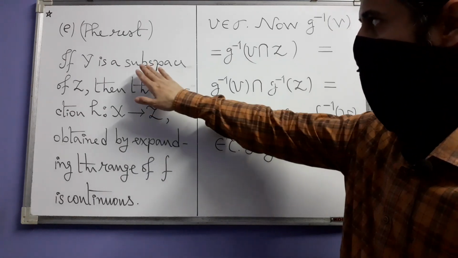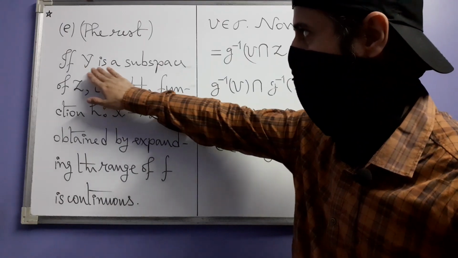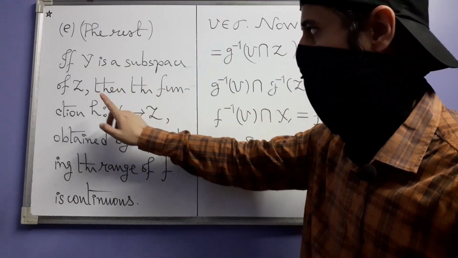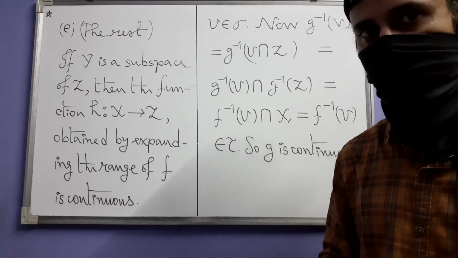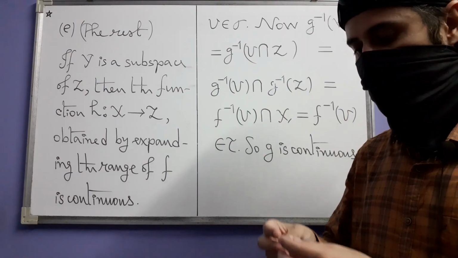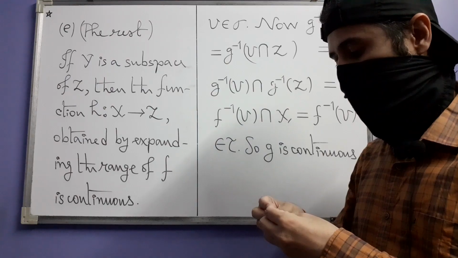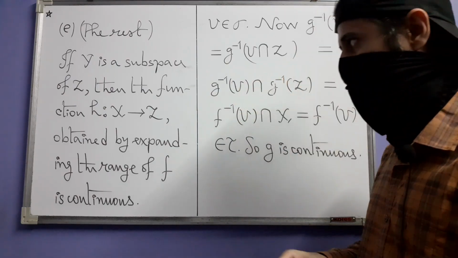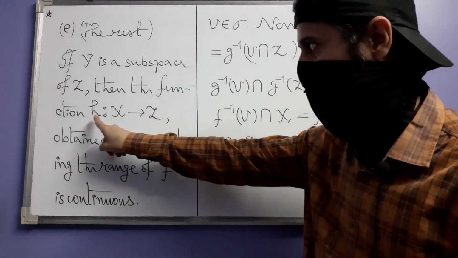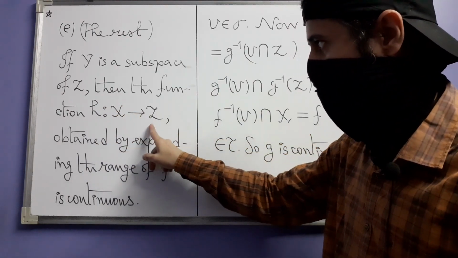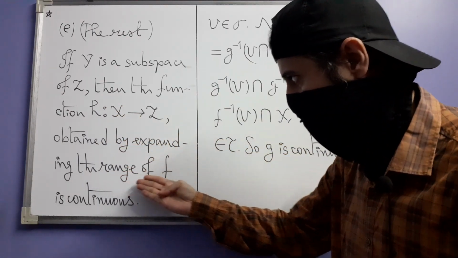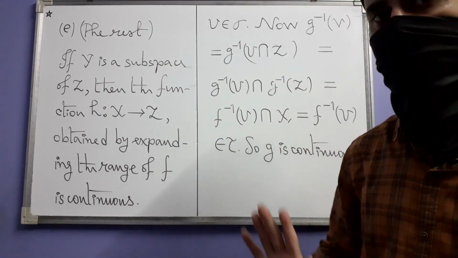So accordingly, the statement goes like this: if Y is a subspace of Z, then we modify the function f by changing the range, this time by expanding the range from Y into the larger space Z, and we give it the name h, say. Then this function h from X into Z, obtained by expanding the range of f, is continuous.